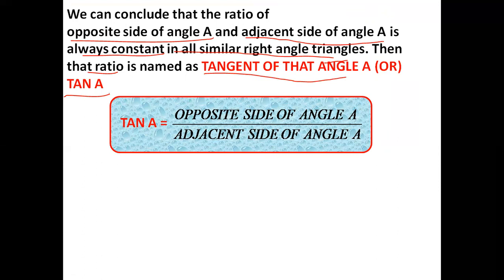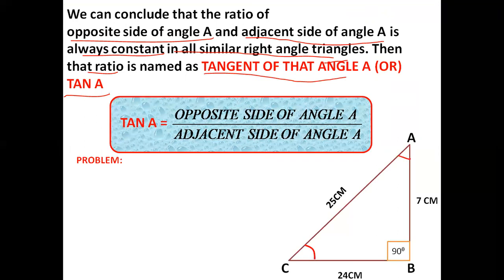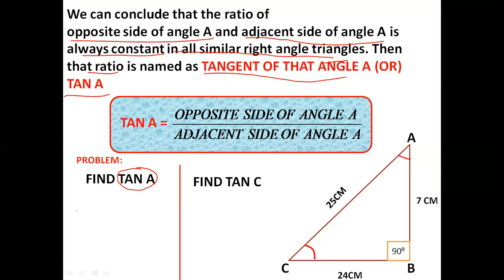Here I am taking one problem for the same right angle triangle. Find tan A and tan C. What is tan A? That is opposite side of angle A by adjacent side of angle A. So tan A is equal to opposite side of angle A. What is the opposite side of angle A?